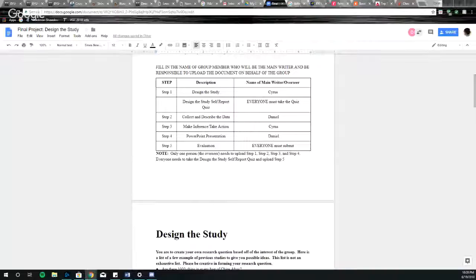Well, I assume we would need to get it approved by, let's say, well, okay, so it says collect and describe the data. Submission is on, let me see if I can find a rubric. That'd be great. Maybe that'll have due dates.